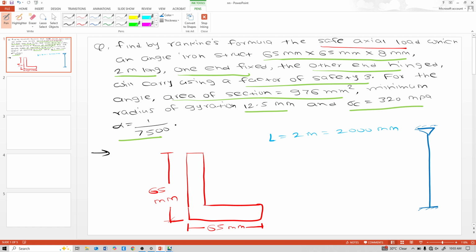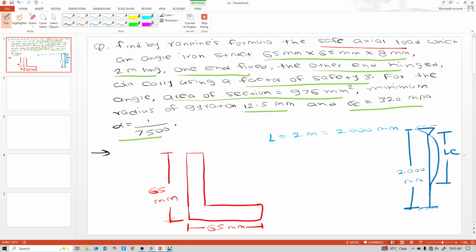And the buckling of that column is like this. This is the effective length, and this is the actual length, 2000 mm, not meter. This is 2000 mm actual length.